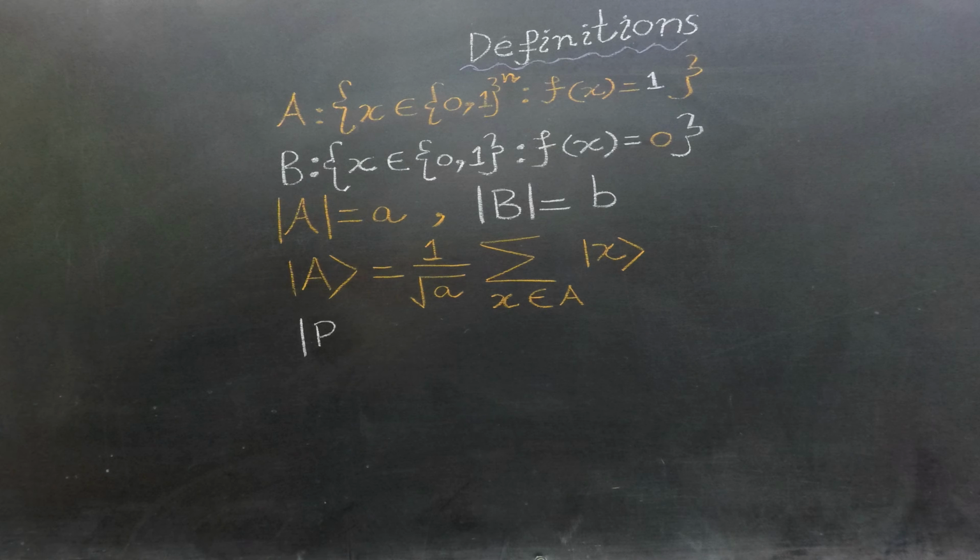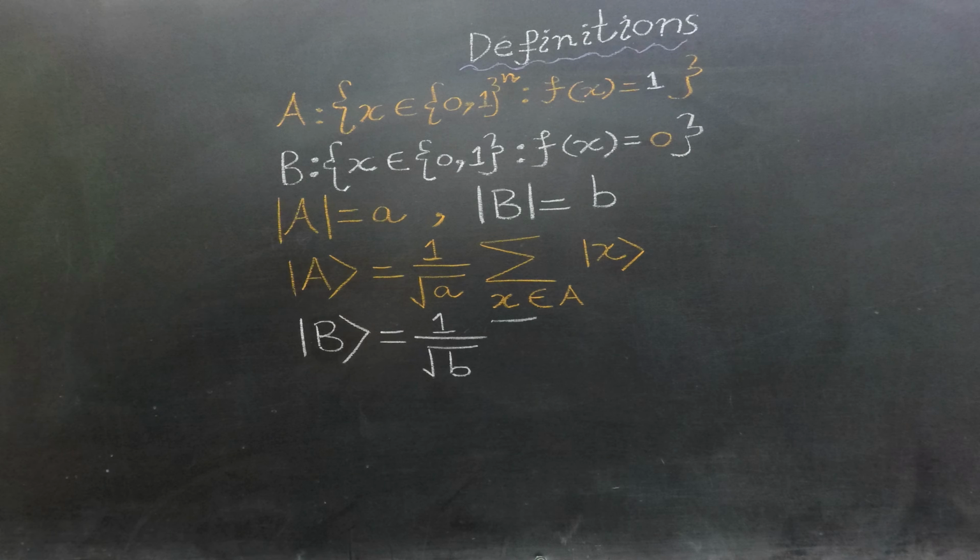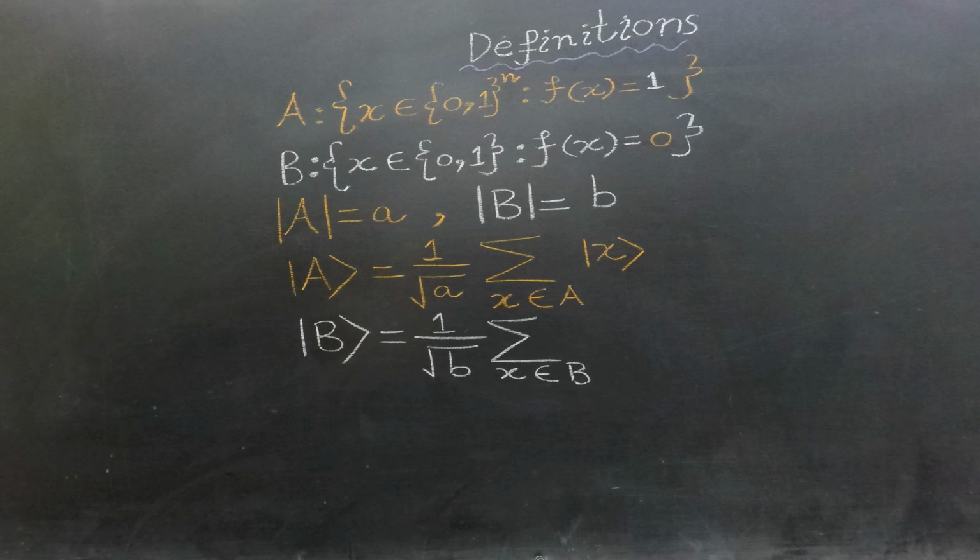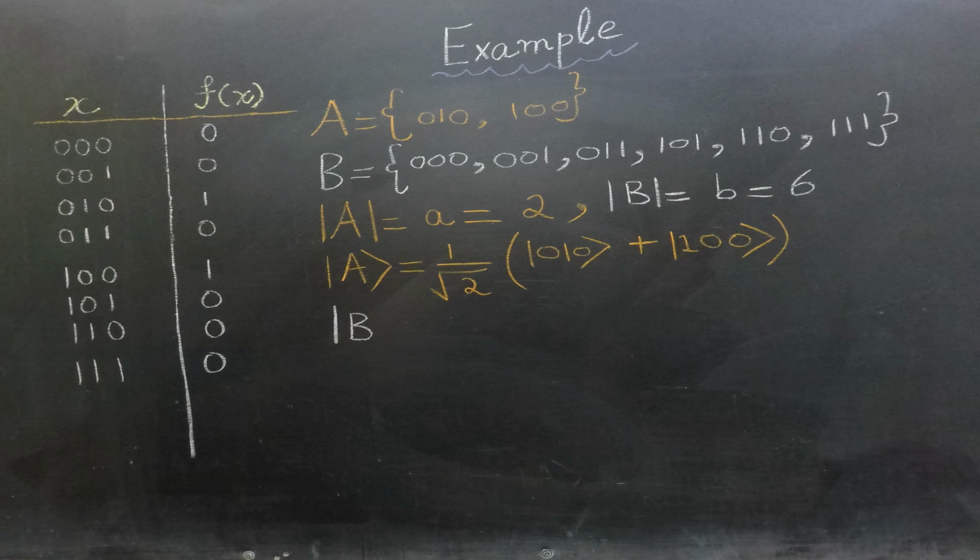Similarly, ket B is an equal superposition of all the inputs in set B. Thus, in this case, the amplitude of each input will be 1 over square root of small b, which is equal to 6 in our example.